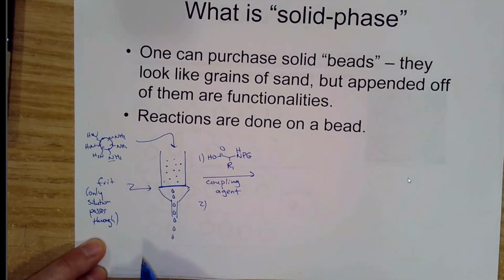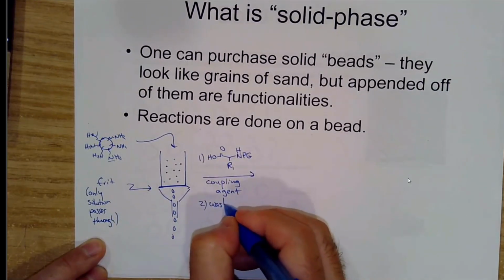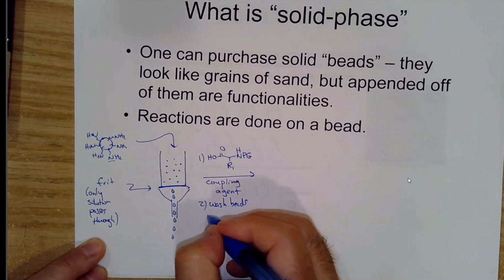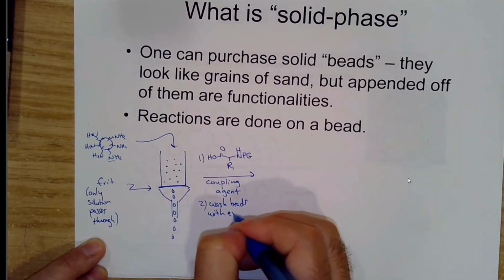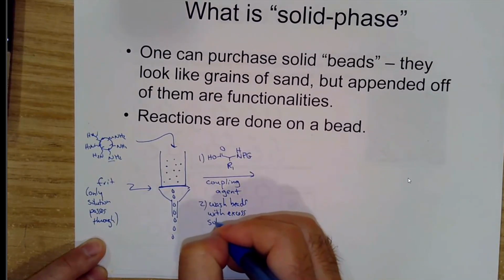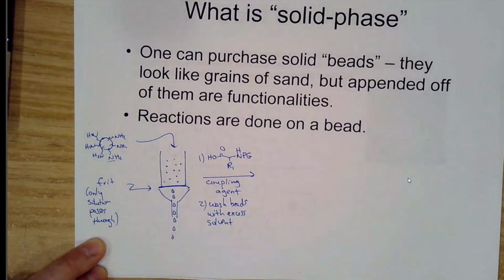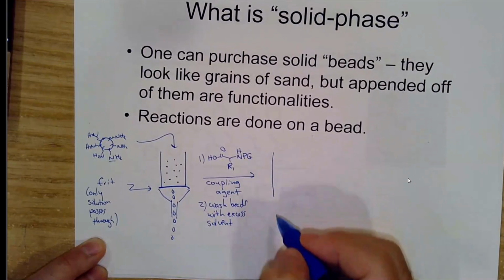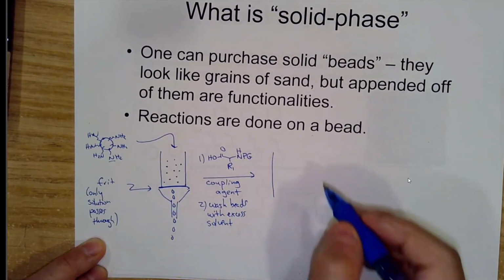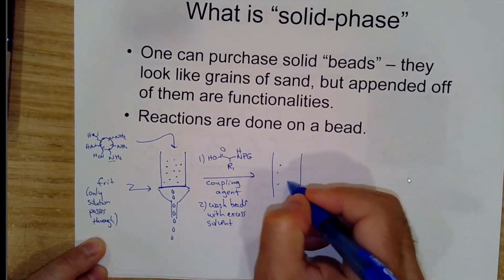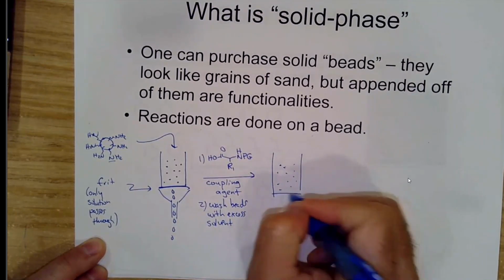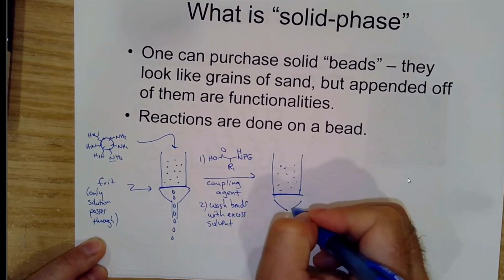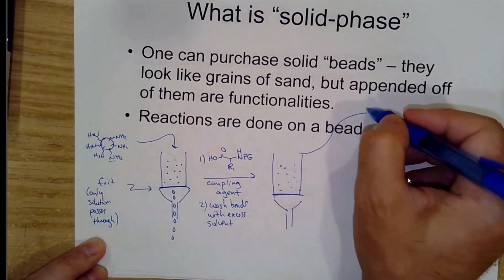If we take a look at what this looks like after this coupling reaction, what you're going to have are these beads still stuck in here, and these beads are going to look like this.